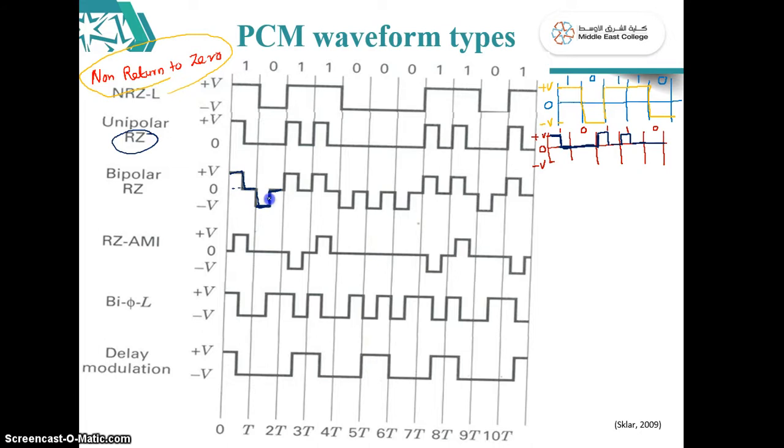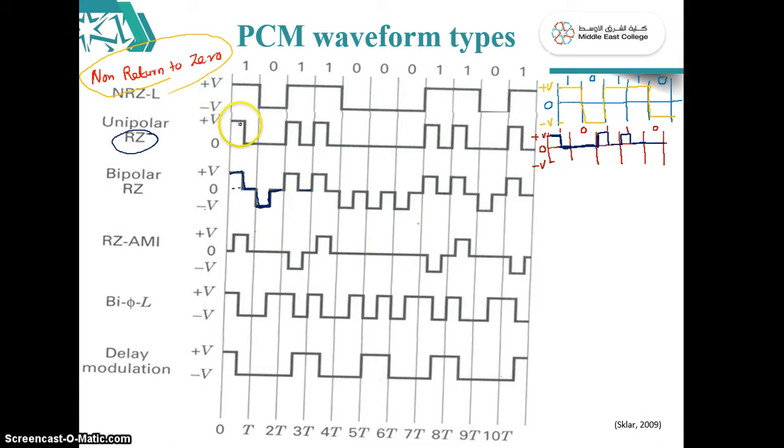That is the only difference: this is unipolar and this is bipolar. Again a 1 is represented by plus V, and after the half bit interval it comes back to 0.